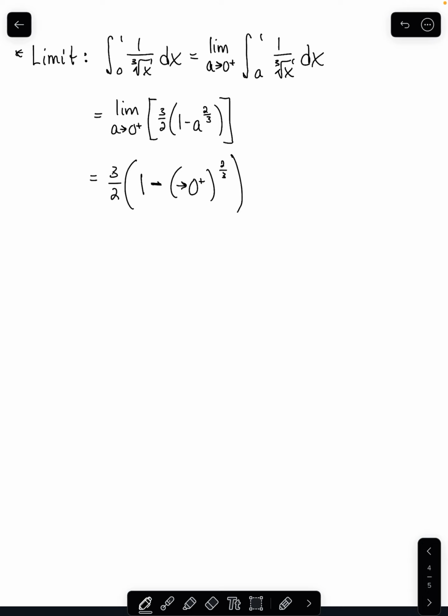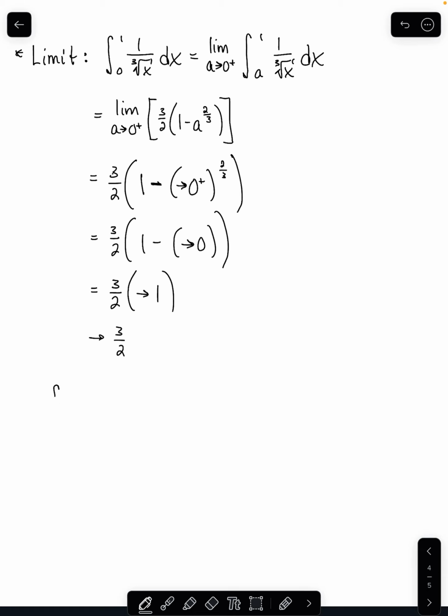As we approach 0, but always positive, a positive number approaching 0 raised to the 2/3 power will simply get smaller and smaller and smaller. This entire term will approach 0. Thus, in the parentheses, this entire expression will approach 1, and thus the entire integral will approach the value 3/2.